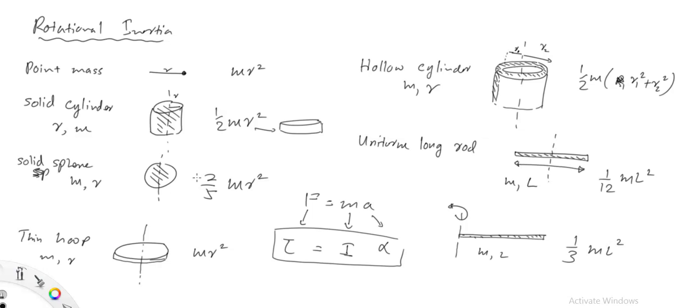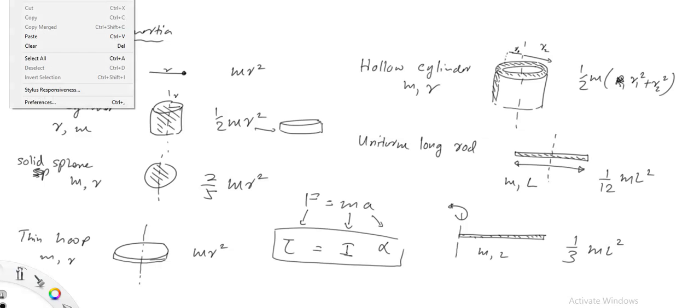Okay, so let's try one or two simple examples. Okay, so I am going to erase this. You guys should write this down somewhere because we're going to use it again. Alright, let's try an example. Here's the example.